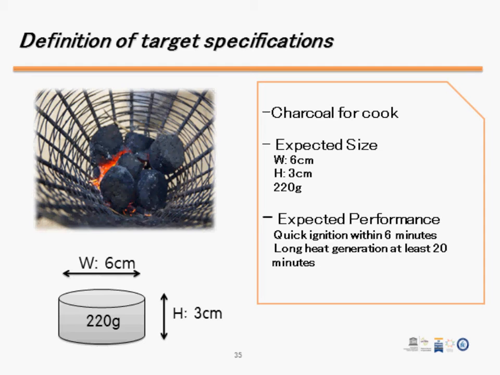The size should be 3 centimeters tall and 6 centimeters in diameter, and a weight of about 220 grams is our target. The efficiency should be at least 6 minutes of ignition and creation of a flame, 20 minutes of generating heat, and producing a product that can catch fire after 15 minutes.